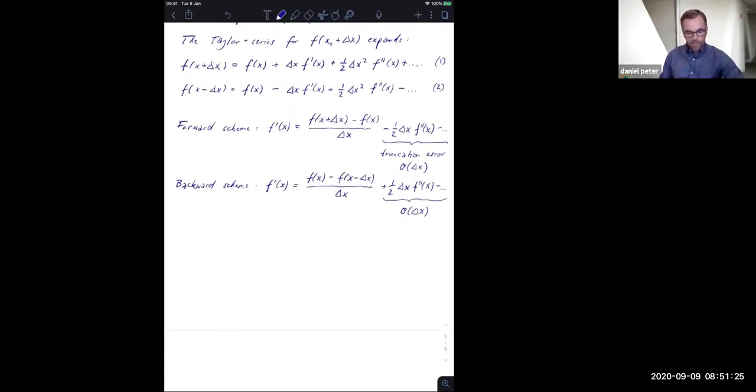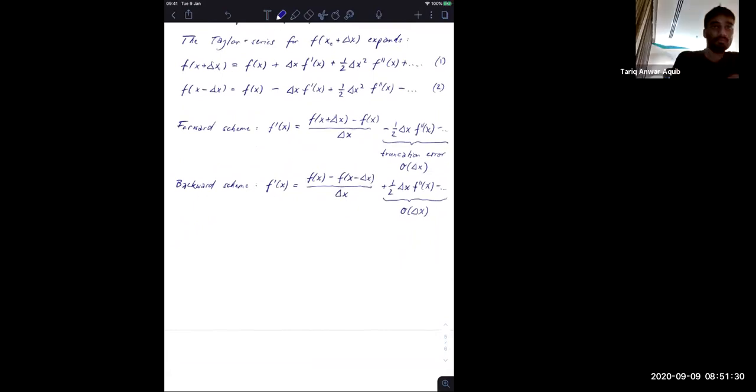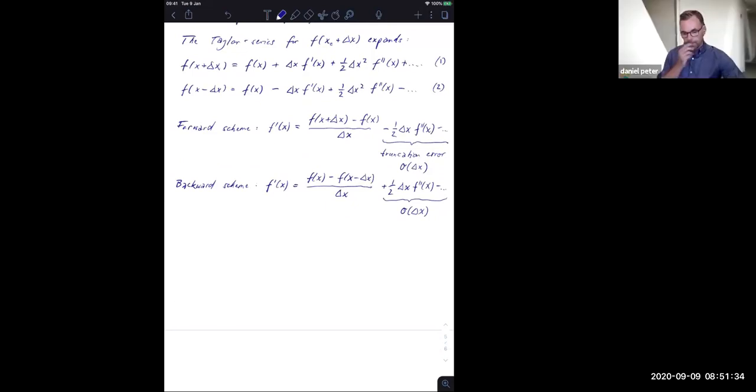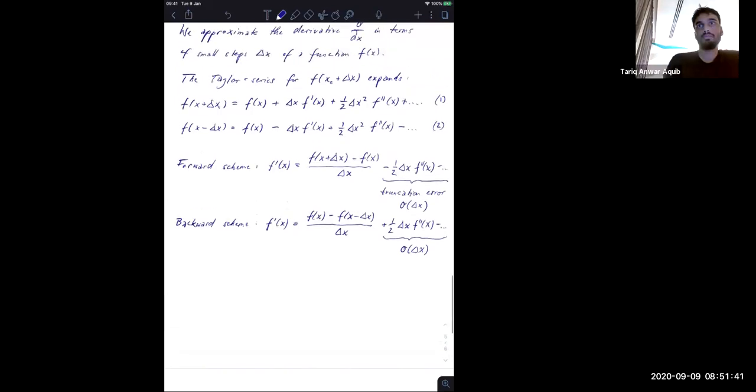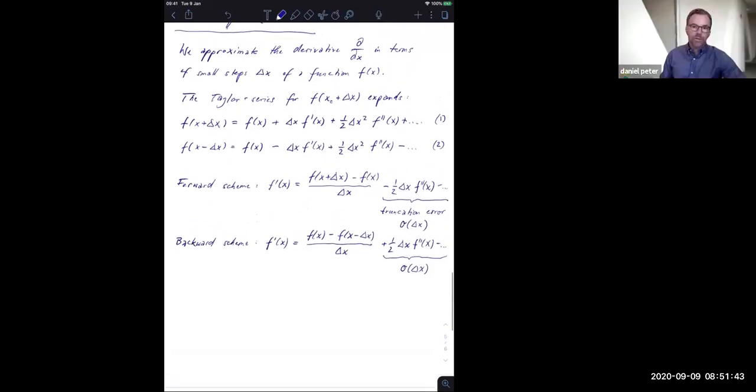Then there are 2 more schemes. One scheme, let's go again for the first derivative.